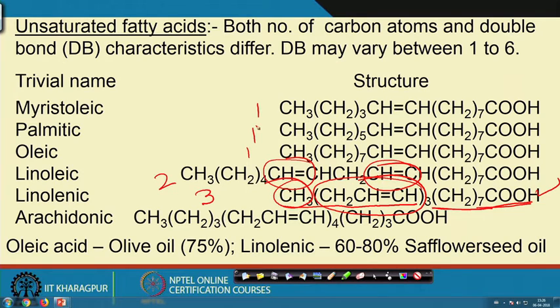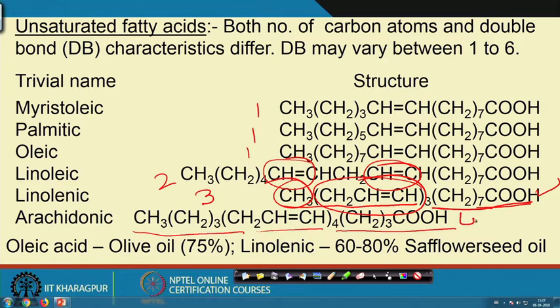Then another typical one is arachidonic acid, CH3, CH2 whole 3, CH2, CH double bond CH whole 4, and CH2 whole 3, COOH, which has 4 double bonds.